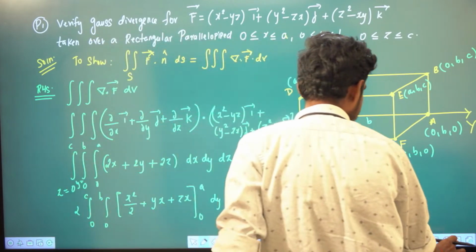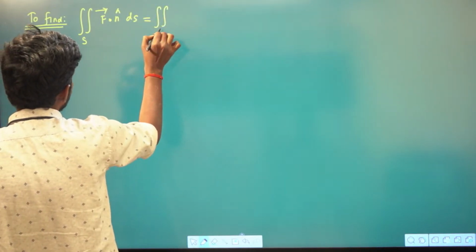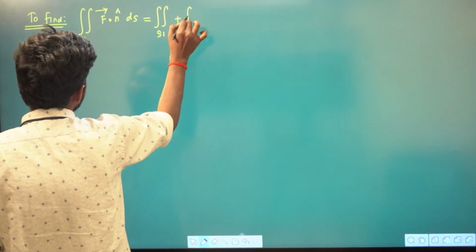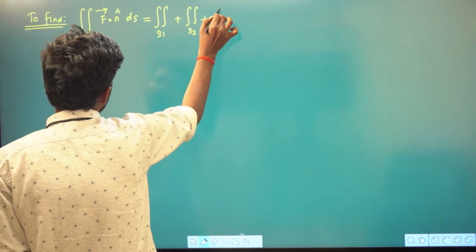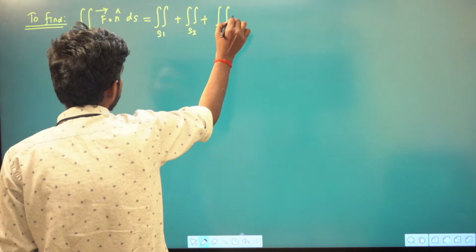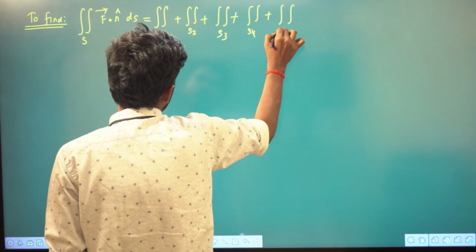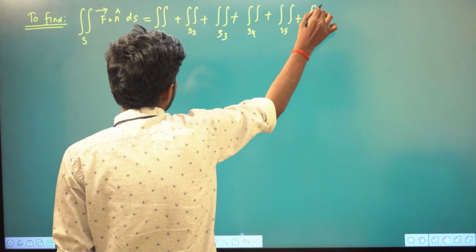This is the same as the double integral over S1, over S2, S3, S4, S5, S6, with F dot n cap everywhere.